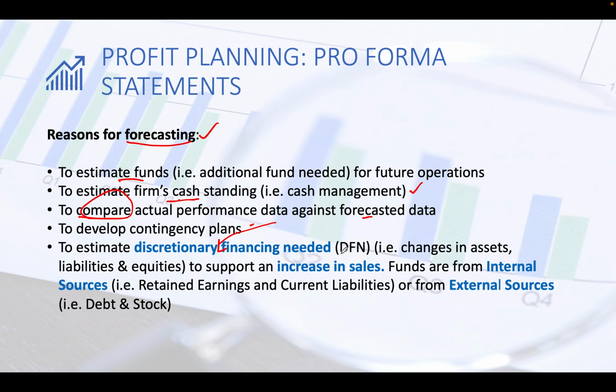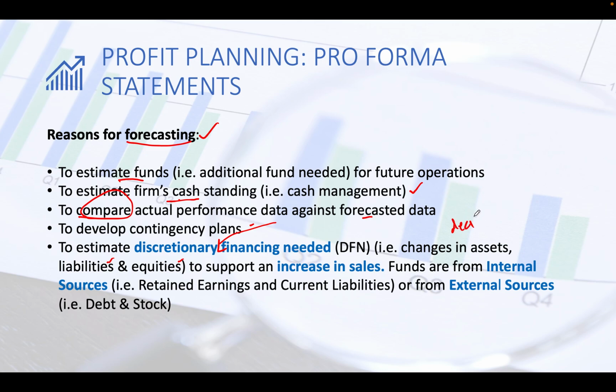So what is it about discretionary financing needed ni? It's changes in asset, liabilities and equities, which means kalau dia nak buat pembelian yang besar, ataupun dia nak menambahkan hutang dia, ataupun dia nak menambahkan modal dia, ya, keputusan itu perlulah dibuat oleh shareholder.